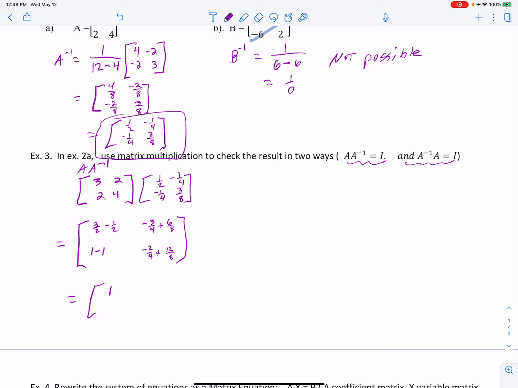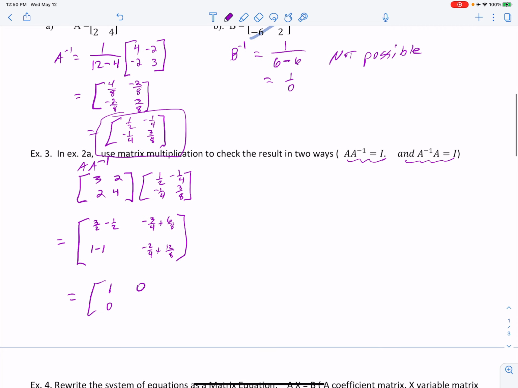And I've got 3/4 and -3/4 is 0. I have a 0. And I have, well, if I get a common denominator, I can make that 3/4, and sorry.